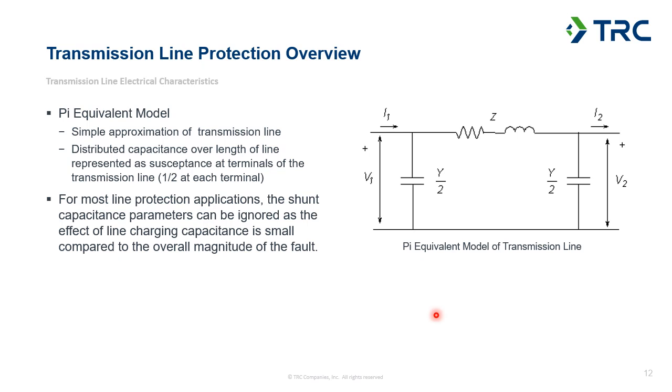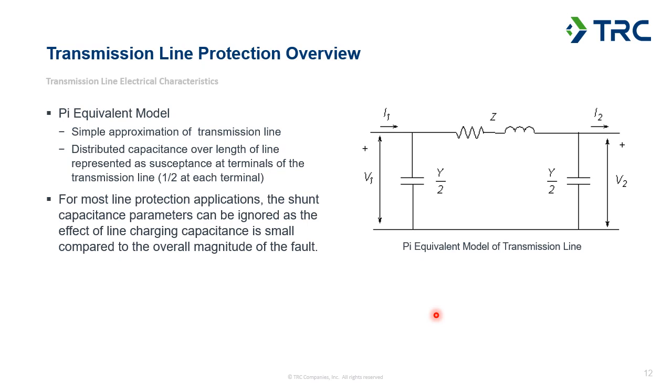So you can go in and take all of those types of parameters: all of the physical spacing parameters of how far apart the conductors are, the electrical parameters of the conductors themselves, information about how high off the ground it is, considering worst case sag and things like that.